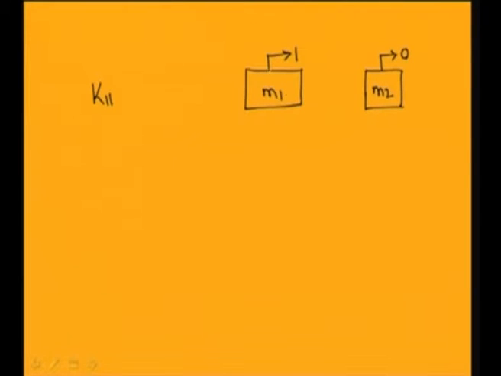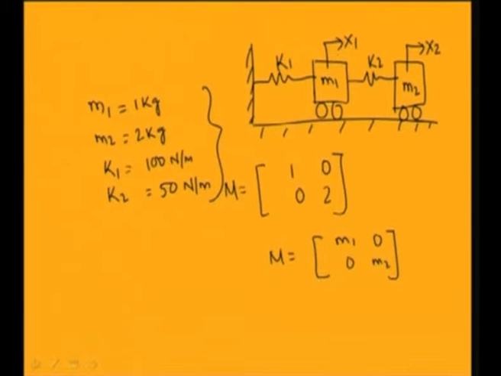According to the free body diagram, this is the mass M1. When it moves a unit distance, the spring will exert a force K1 in the opposite direction. The right side spring, K2, when the mass moves a unit distance towards the right and there is no displacement of x2, will be compressed by unity.